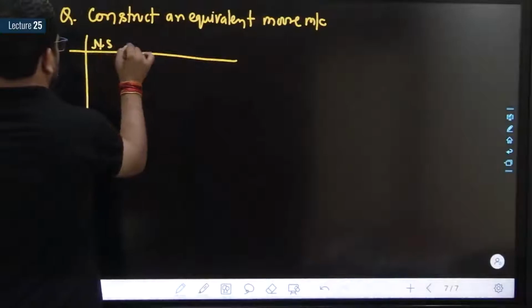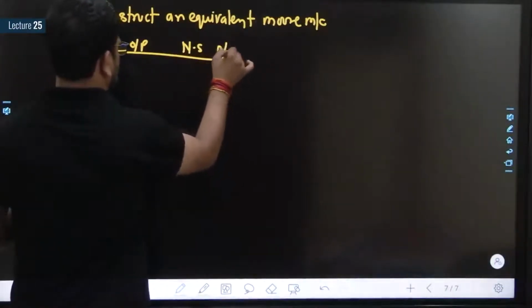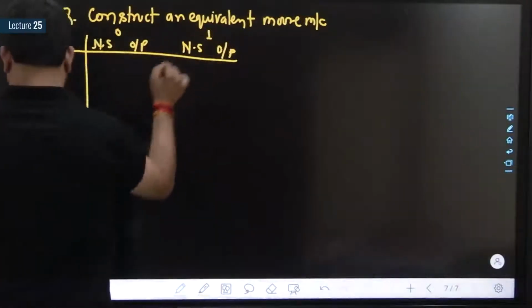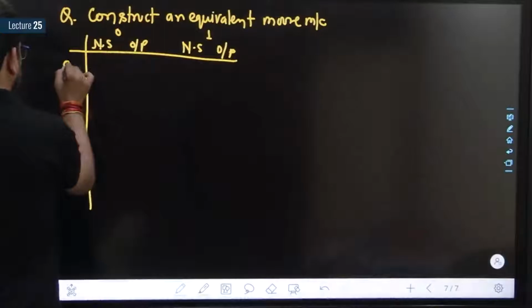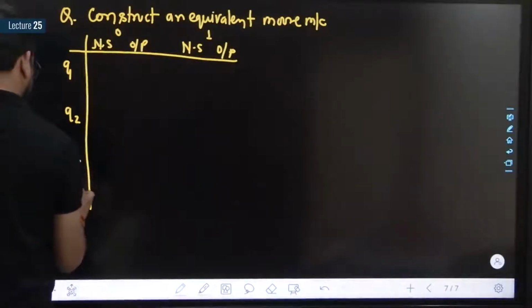Next state, output, for input 0 and 1. States Q1, Q2, Q3, Q4. Okay.